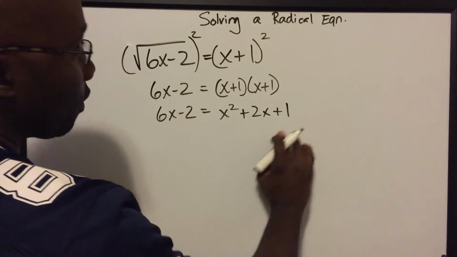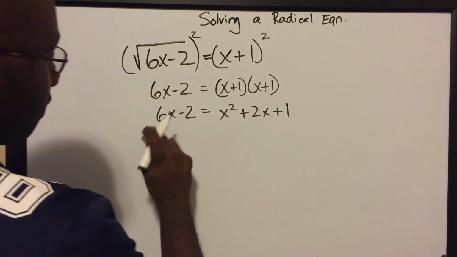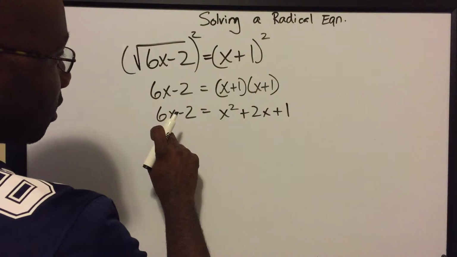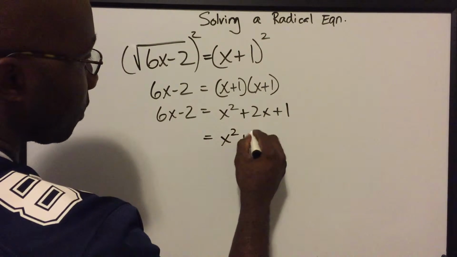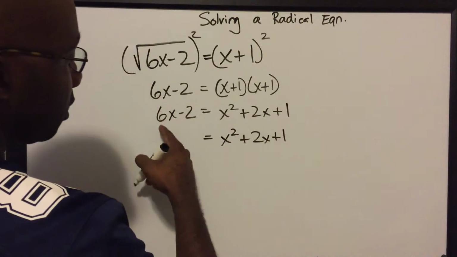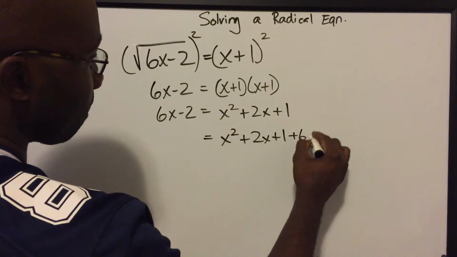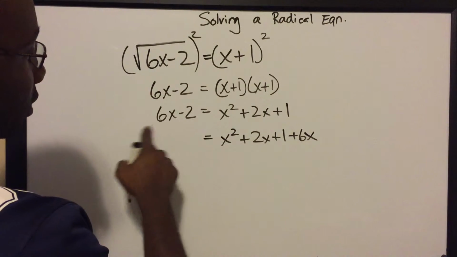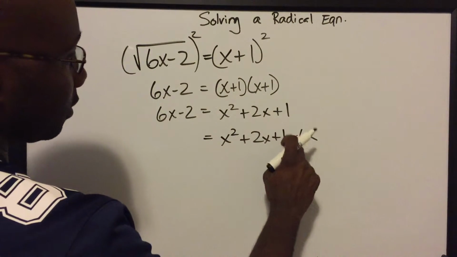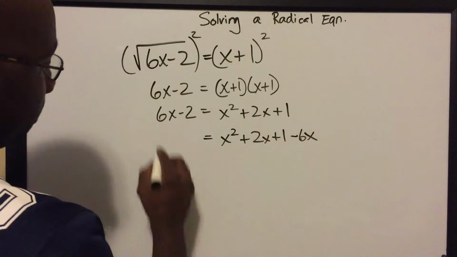So if I subtract 6x here, I'll add it over here. So this will end up being x squared plus 2x plus 1 minus 6x.